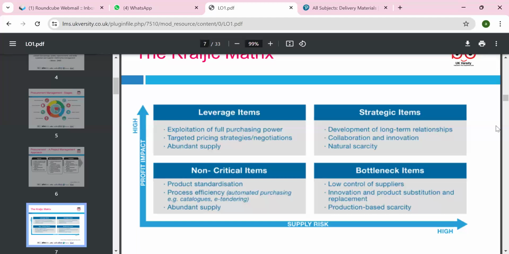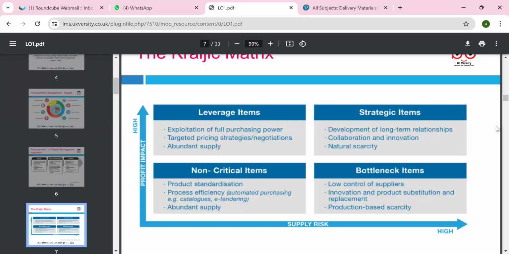So first, if we look at a leverage item: exploitation of the full purchasing power, targeted pricing strategy and negotiation, abundant supply. So these can be leverage items. For the non-critical item: product standardization, you can standardize the product, SOPs, standard operating procedures, process efficiency, automated purchase, catalog, and tendering. Tendering is very important, abundant supply.